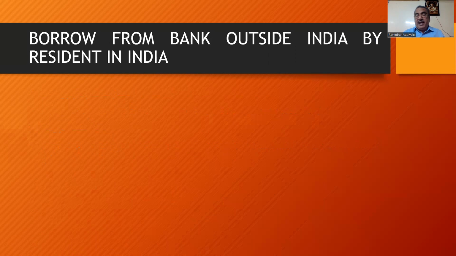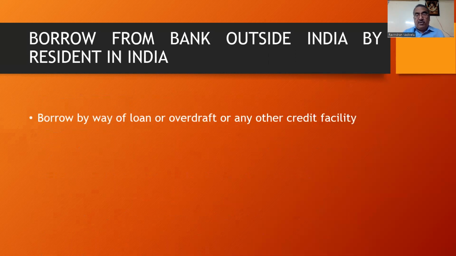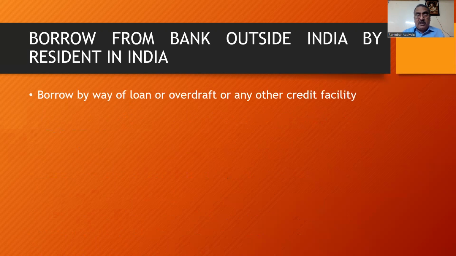So, borrowing from a bank outside India by a resident in India. A resident in India can borrow from a bank outside India by way of loan, overdraft or any other credit facility. So it is allowed. RBI clearly says that you can avail a loan from abroad, from a bank outside India, not from a bank situated in India.